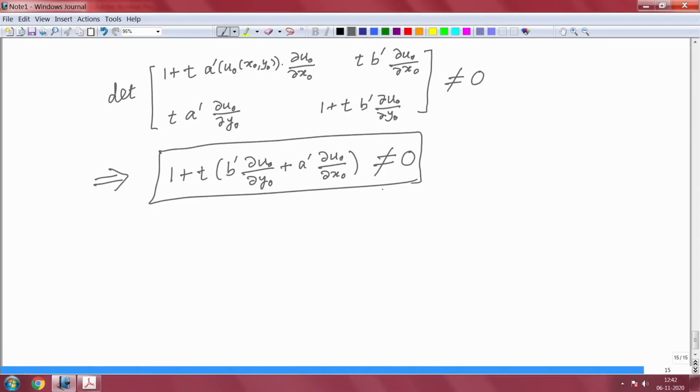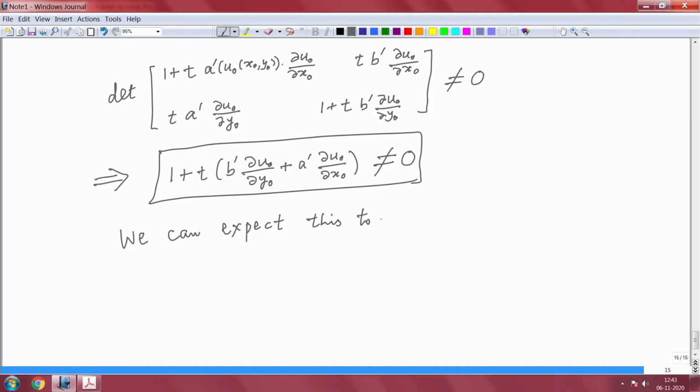In case of one variable, we had only one term. Now, both the terms are combined here, and at t equal to 0, this determinant is 1. So, certainly not 0. So, we can expect this to be non-zero.